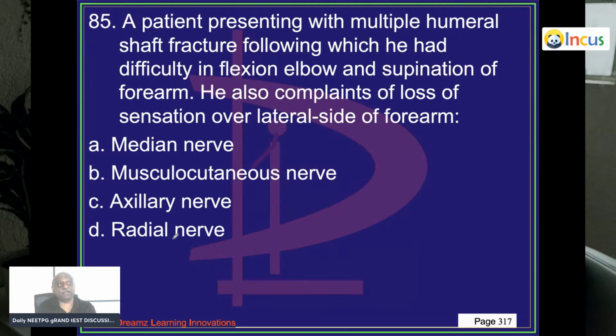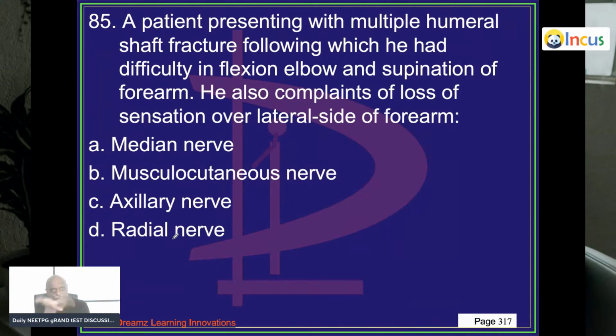So biceps is the supinator when you flex the elbow. Now extend, then supinate. Is anything happening in the biceps? Nothing happens. If you do it with full extension, then it is the supinator muscle. The supinator muscle is supplied by the radial nerve, whereas biceps is supplied by the musculocutaneous nerve.